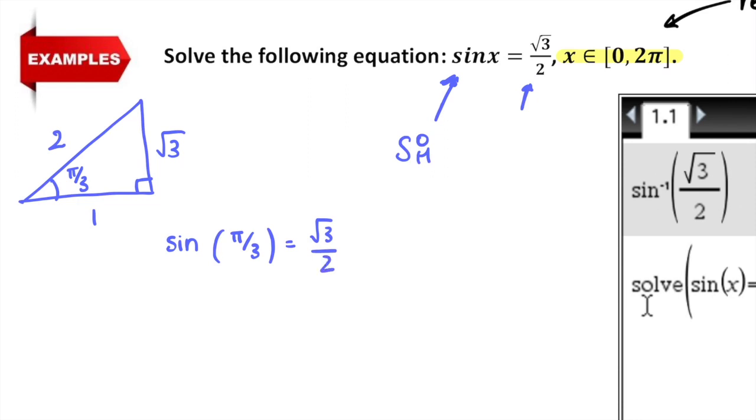But that's not all. For this particular question, the way you would write it out is essentially sine inverse of root 3 on 2 is equal to pi on 3. Now we know that by using our triangle. However, what our triangle doesn't tell us is that there is going to be more than one solution. Especially because I've said that I need all solutions for x between 0 to 2 pi.